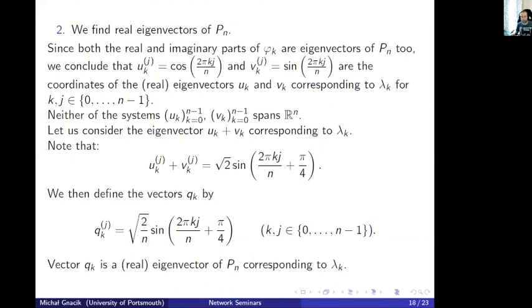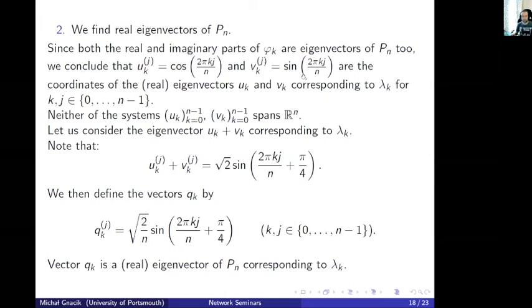However, when you have a complex eigenvector, the real and imaginary parts of this eigenvector are also eigenvectors corresponding to the same eigenvalue. So we just took the real and imaginary parts of these eigenvectors, because they are also eigenvectors corresponding to the same lambda.